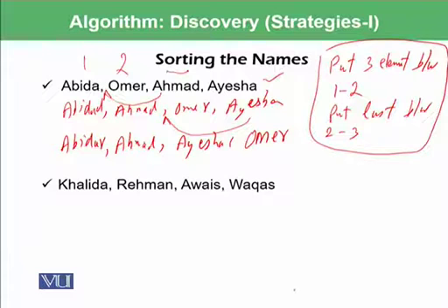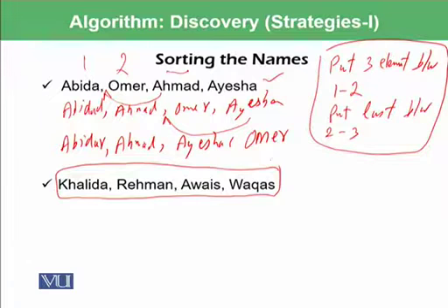However, the same algorithm cannot be applied when we have a different input. Can you apply the same procedure, for example, put the third element between the first and second? Like Awais can be put over here: Khalida, Rahman, Awais and Waqas. We cannot put Awais between Khalida and Rahman because Awais should go before Khalida.